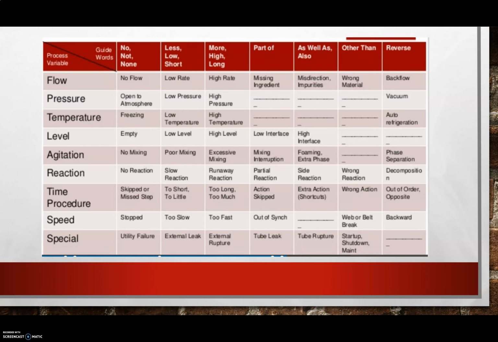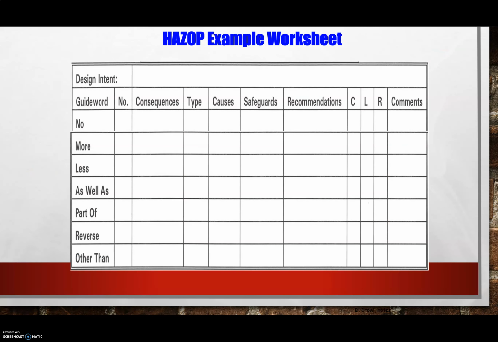This is an example of your process variable or process parameters and guide words. So you can look at all of these in these notes. Remember, another step, after you got your guide words and your process parameters, then you can determine the consequences of your fault, your safeguards, recommendation, and so on.